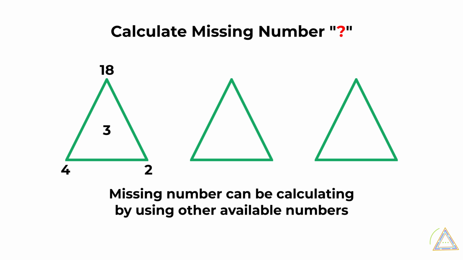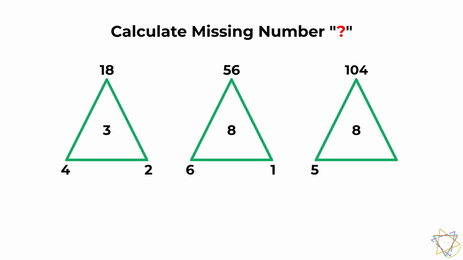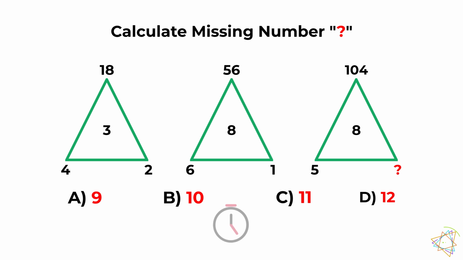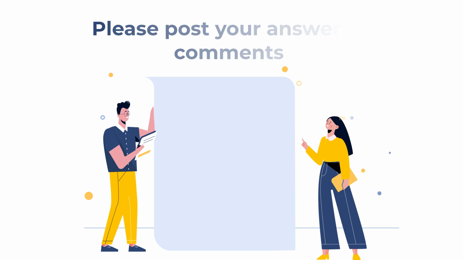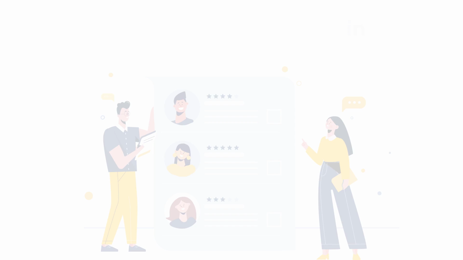Second triangle has number 56 on the top, numbers 6 and 1 at the bottom, and number 8 in the middle. Third triangle has number 104 on the top, number 8 in the middle, number 5 in the bottom left corner, and the number in the bottom right corner is missing. Your choices are 9, 10, 11, and 12. If you can calculate the answer, please make sure to post it in the comment section of this video. Thanks for participating and good luck.